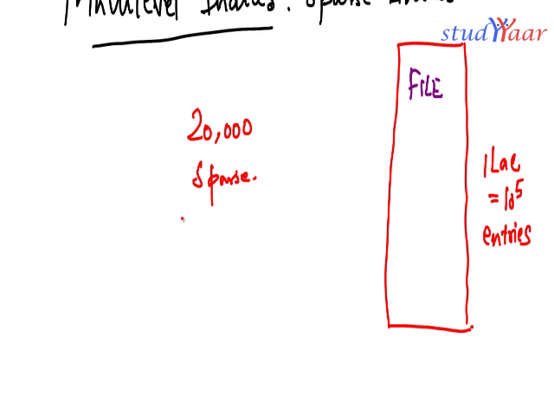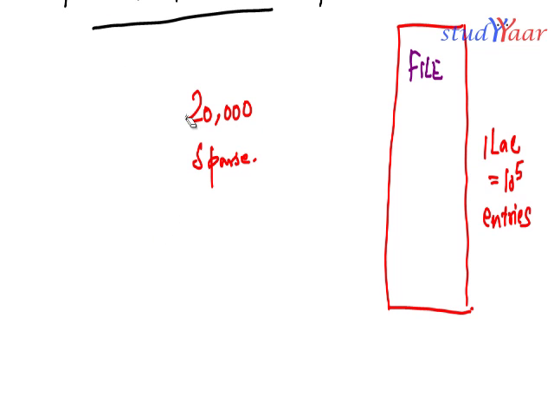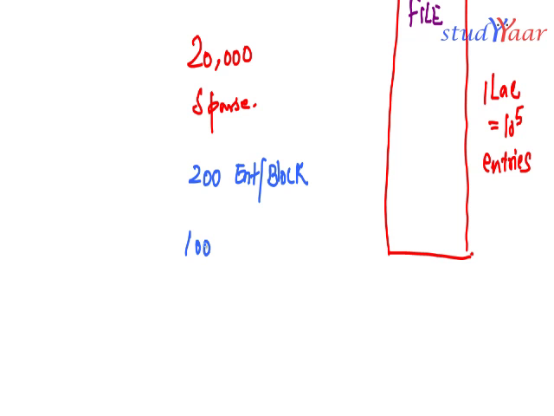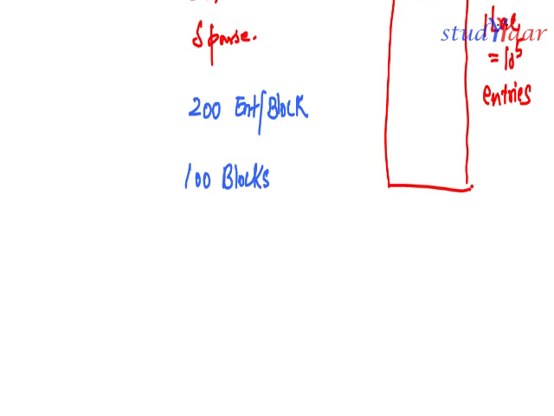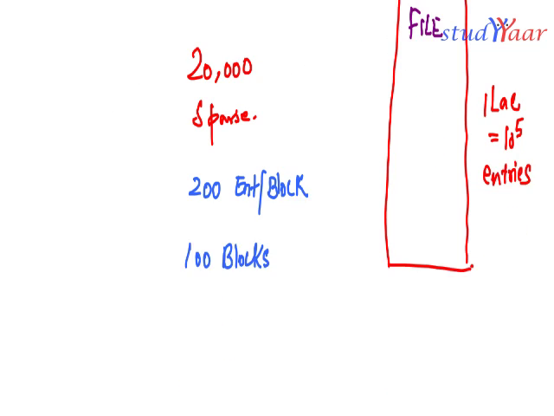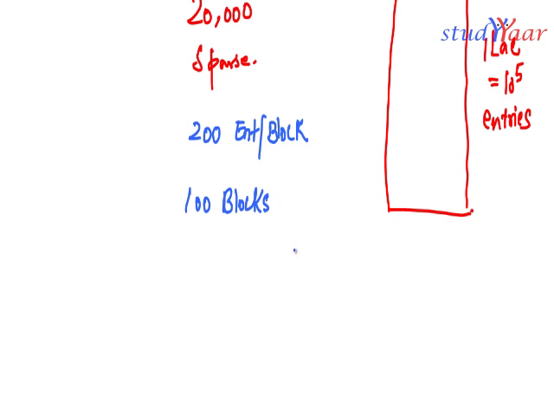Okay, so let's suppose I can store 200 entries per block for an index. So I would still need to have 100 blocks in my main memory so that I can search a particular index record.